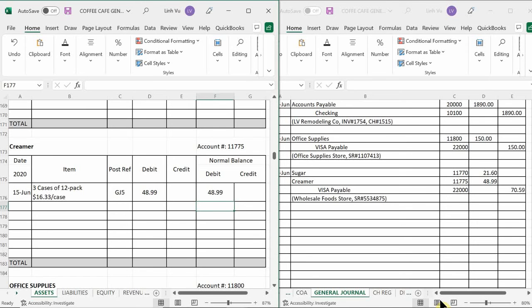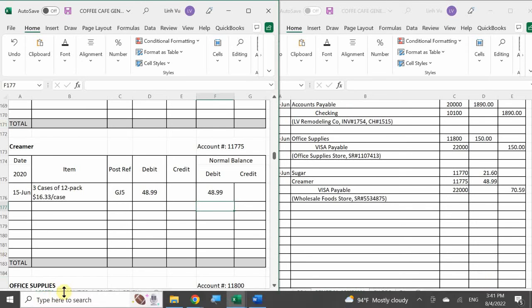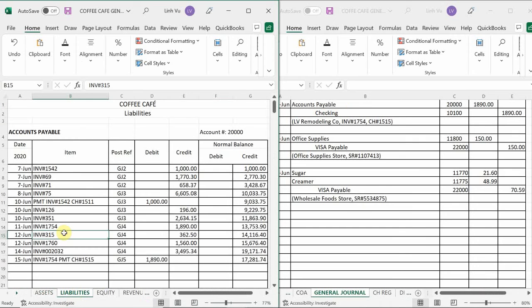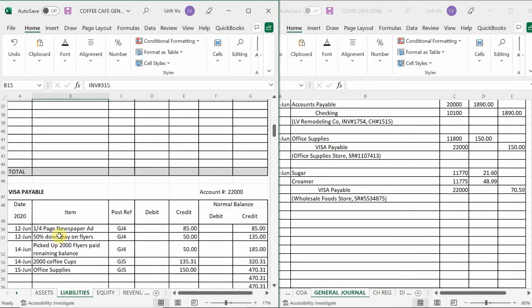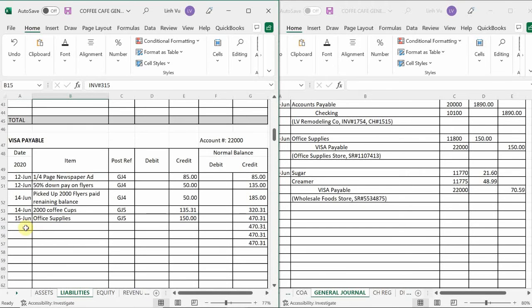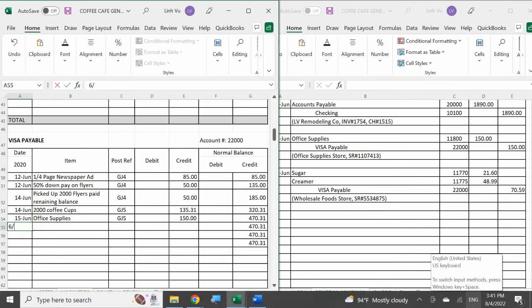And then we move on to the liability, Visa payable. I would just say sugar and creamer.